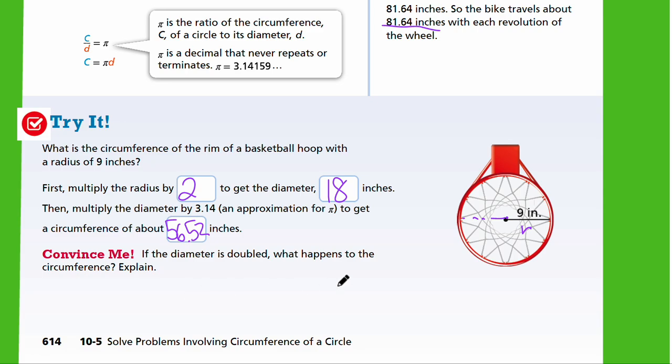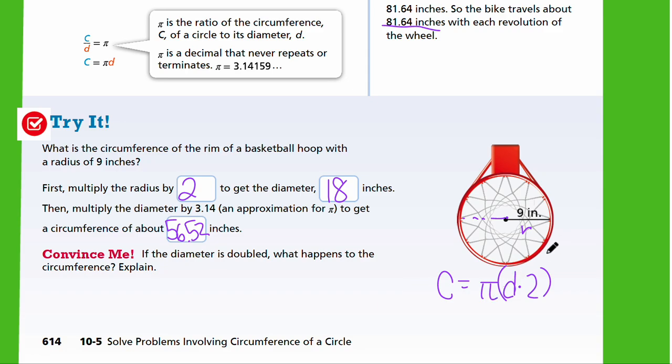If the diameter is doubled, what happens to the circumference? So if the diameter is doubled, not 18, but you double the diameter, so it's 36, then what happens to the circumference? You also double it, right? Because the circumference is pi times the diameter. So whatever diameter is, if you double diameter, so like multiply d by 2, that means you would also get times 2 for the circumference, right?